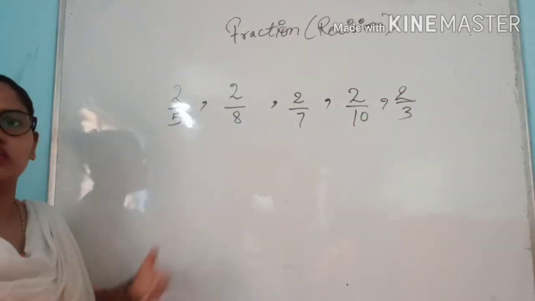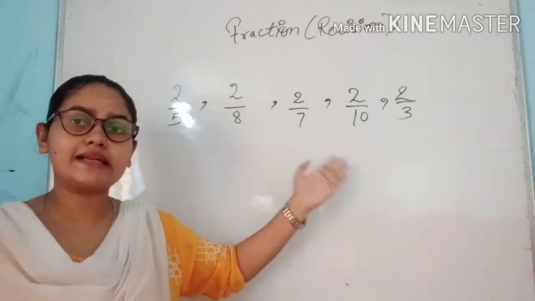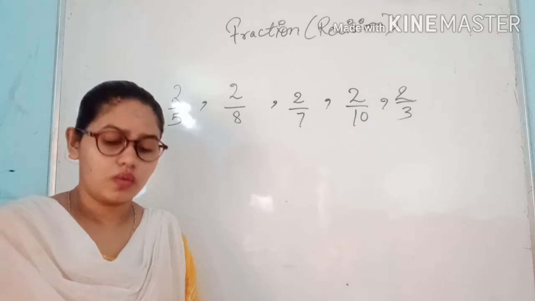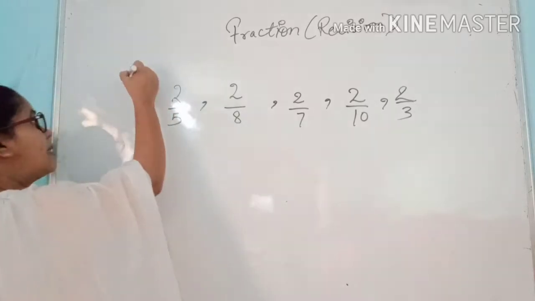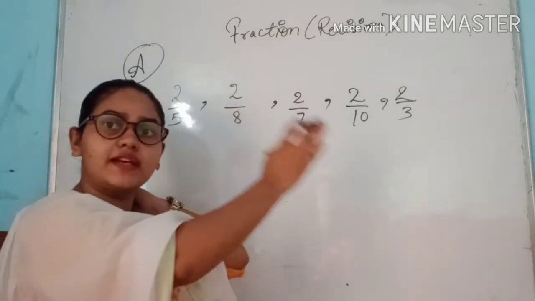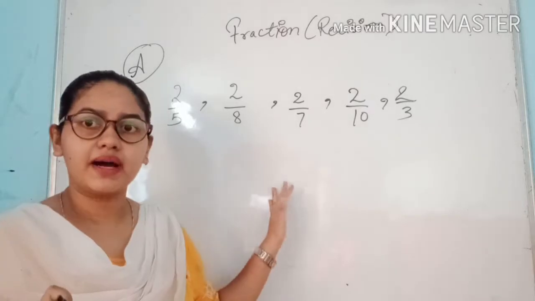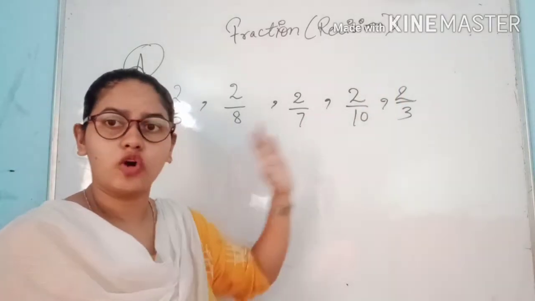So students, you can see simply that the numerators are the same but the denominators are different. In ascending order we take smallest to biggest, but the numerators are same and denominators are different.